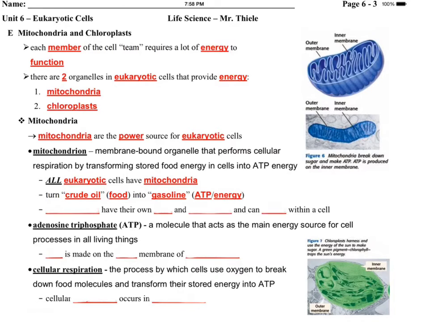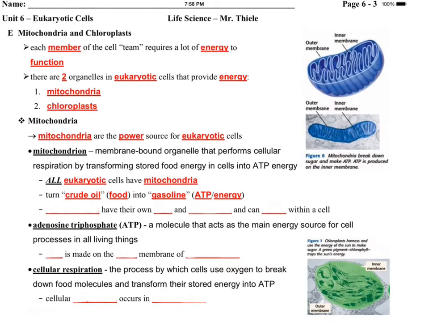The gasoline of the cell is what we call ATP, or energy. ATP is a molecule, but it is the gasoline of our cells, and actually all living things use ATP as their primary usable energy source.